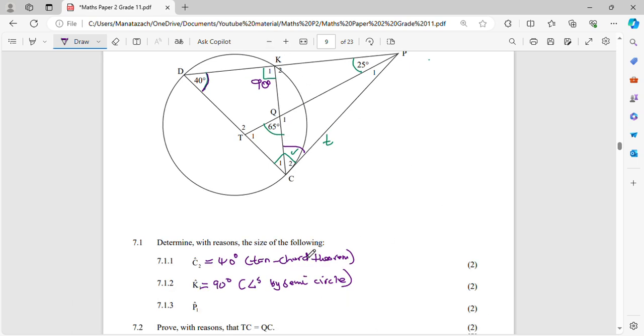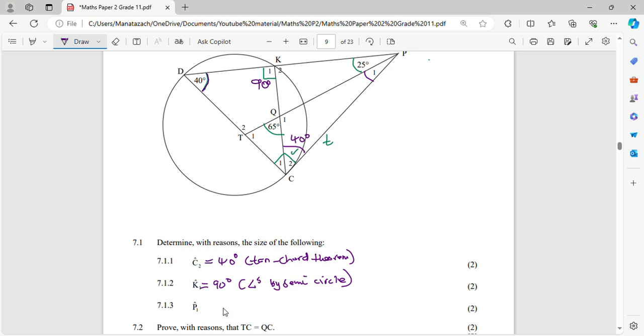And then let's calculate angle P1. Angle P1 is over there. So you realize that we have angle C2, which we've already calculated to be 40 degrees. Then we need P1. P1 forms part of the triangle PCQ, where angle Q is 65 degrees.